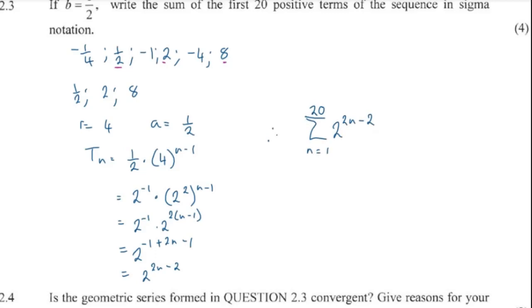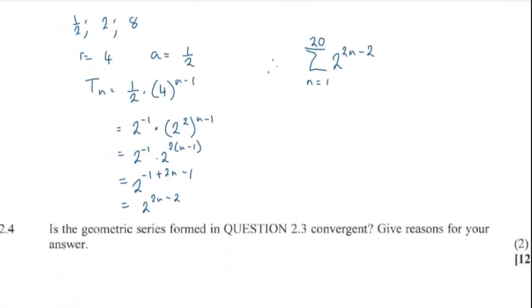We haven't been asked to find the sum, so we're not going to find the sum. Now the question is, is that series convergent? Remember, we said series are convergent if and only if r is between negative 1 and positive 1. Since r is equal to 4, surely it's not convergent.